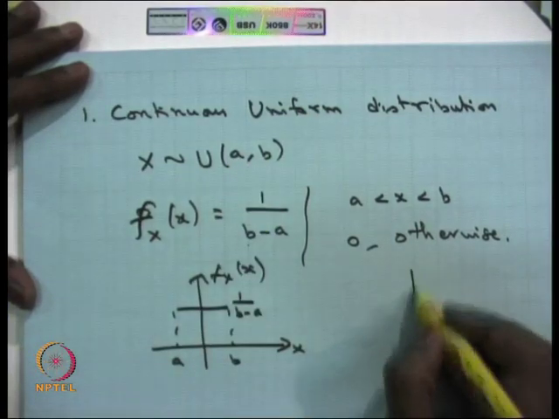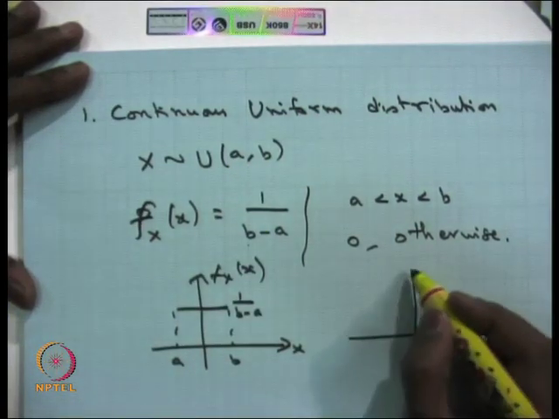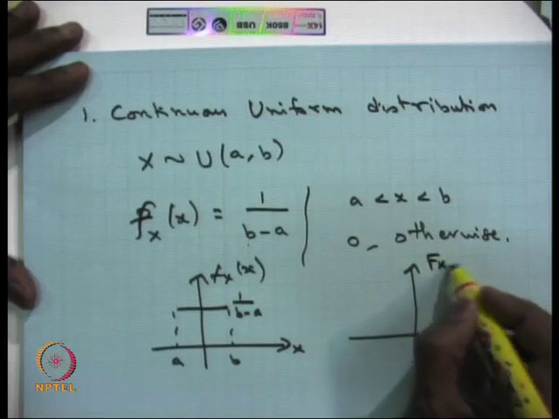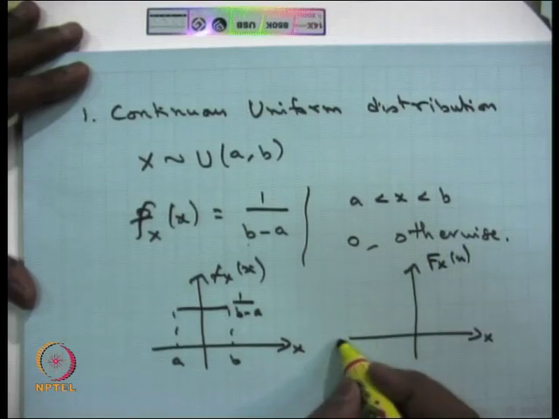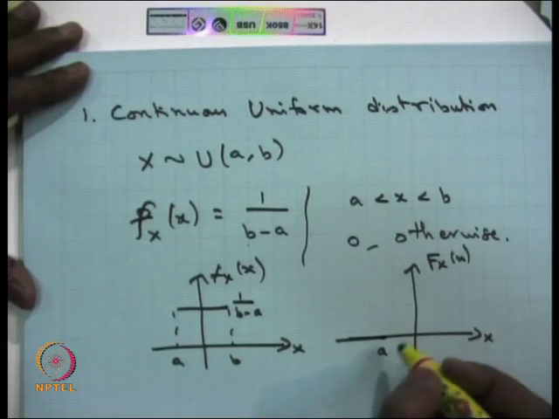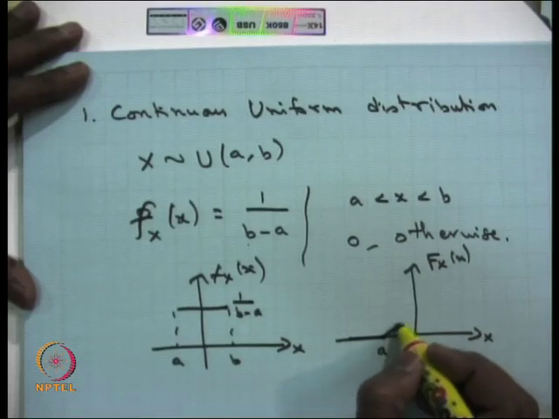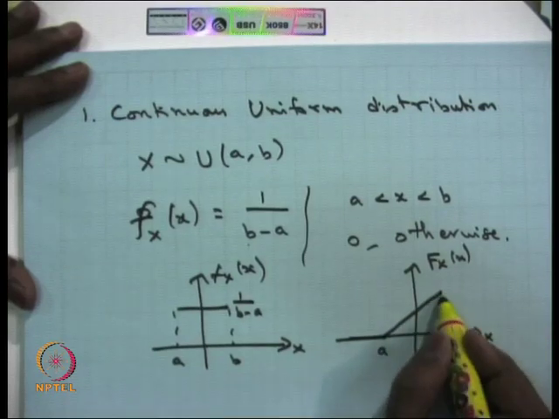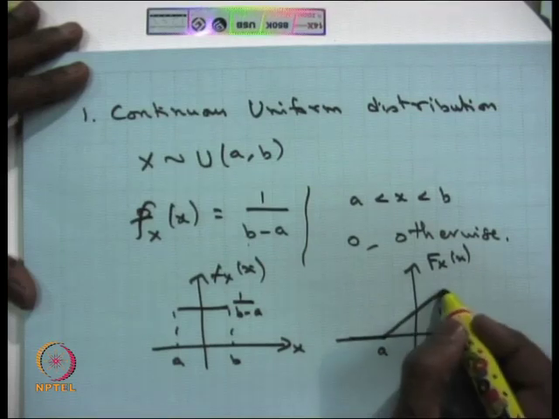And if you see the CDF of this random variable, until a it is 0, after a it increases, and at the point b it reaches 1.